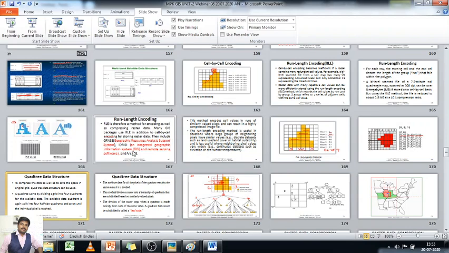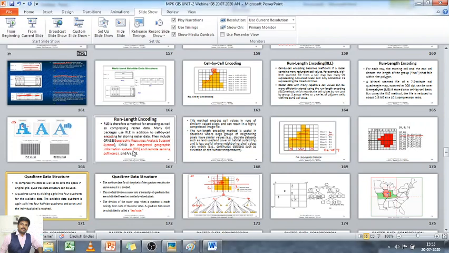In that we have seen run length encoding and cell by cell encoding. The other 3 we will see in the next class. In the next class we will be seeing block encoding, chain encoding, quad tree, and then the comparison between the raster and vector data structure, and then we will be moving on to the TIN and grid models. Students, if you have any doubts, you can post them in the chat box.